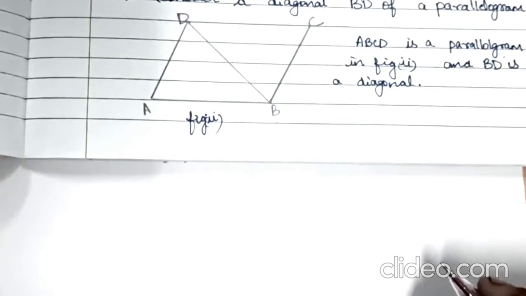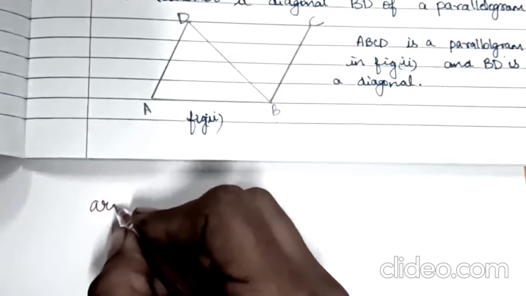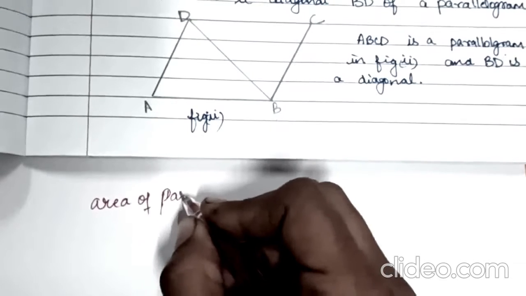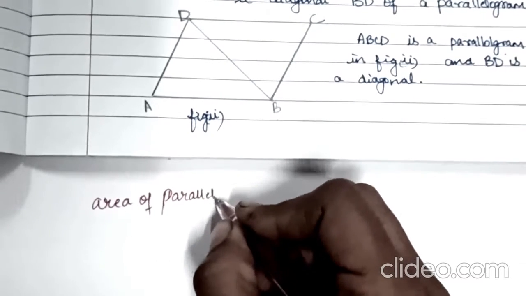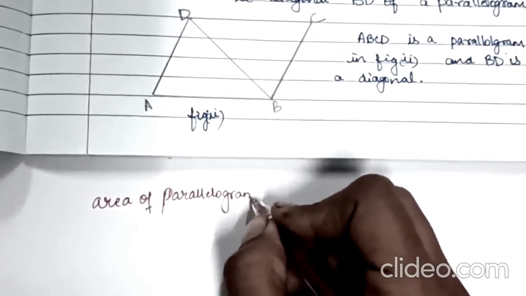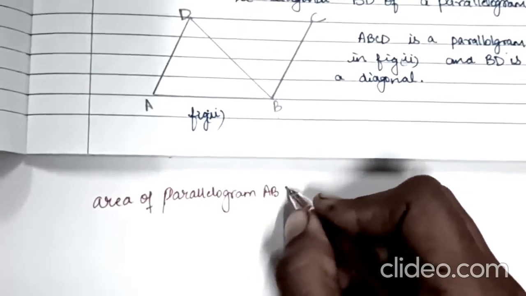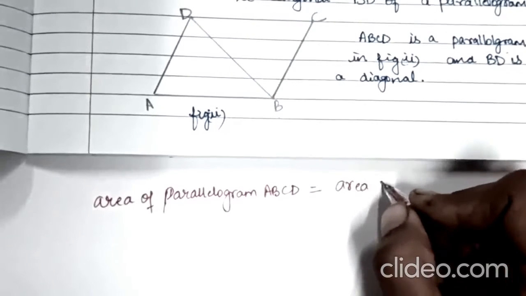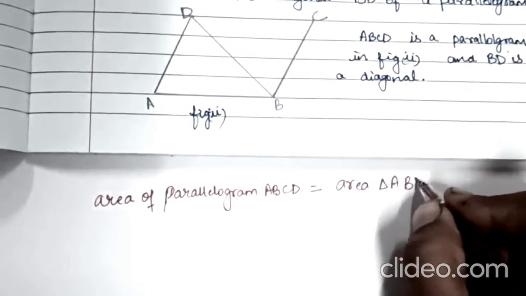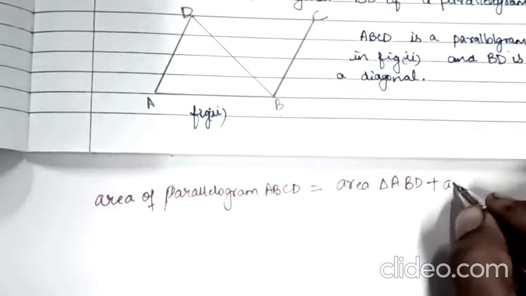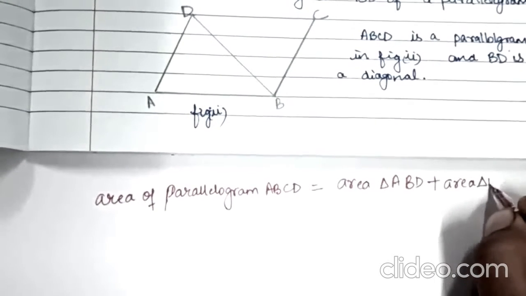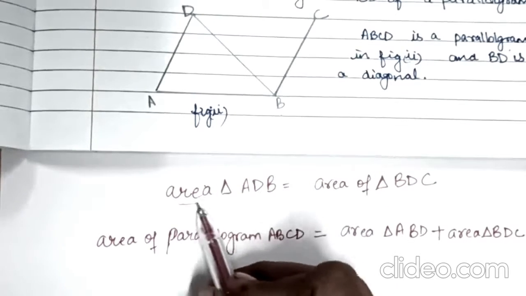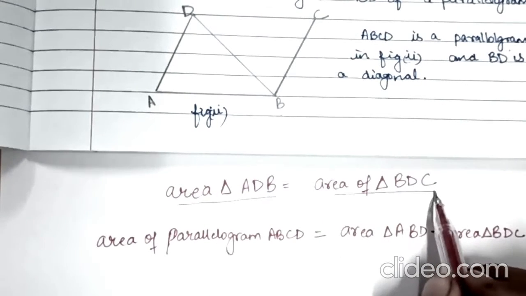Now, area of parallelogram ABCD can be written as the sum of area of triangle ABD plus area of triangle BDC. Now, these two triangles have equal area.